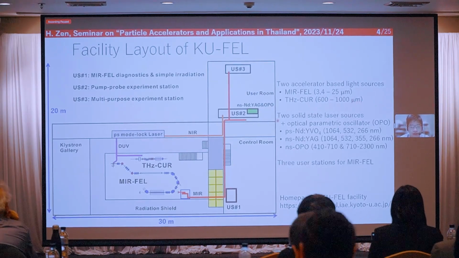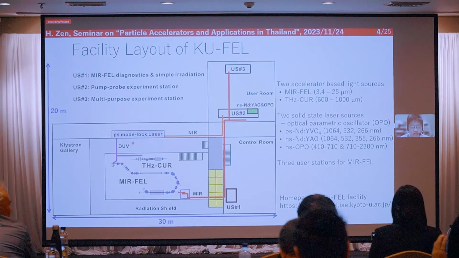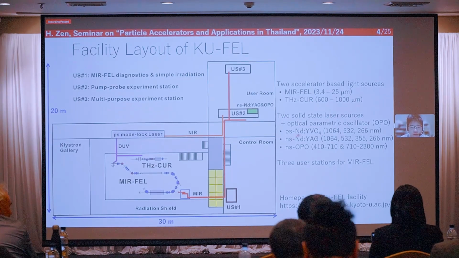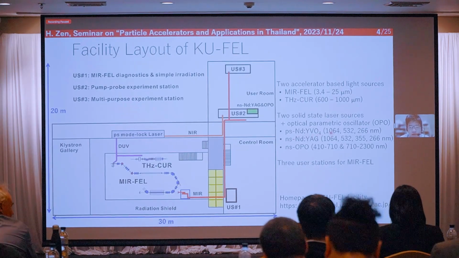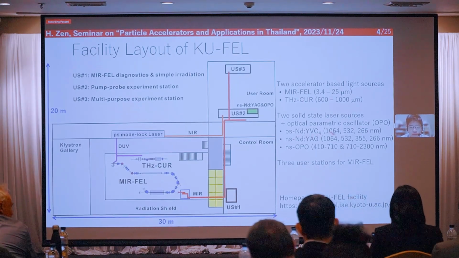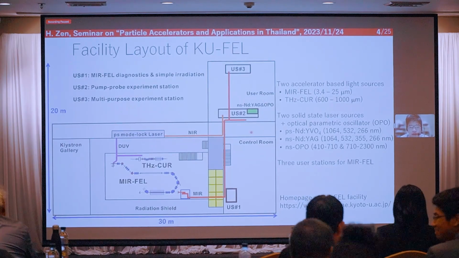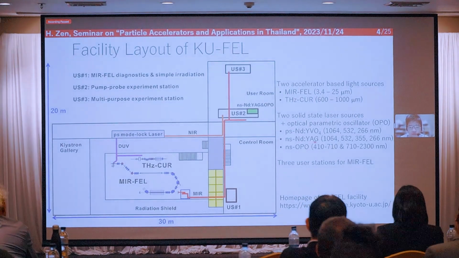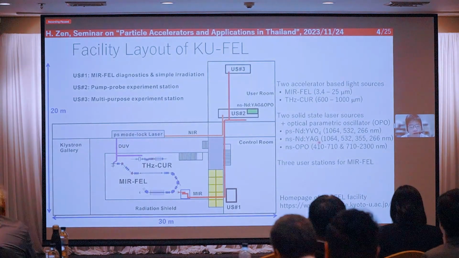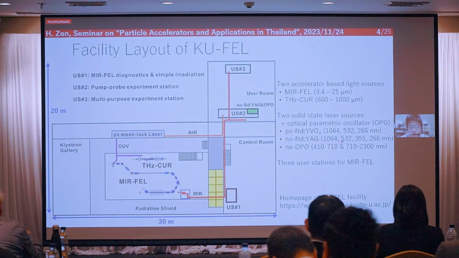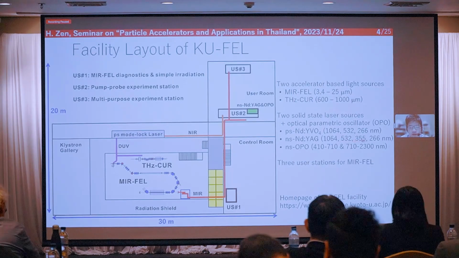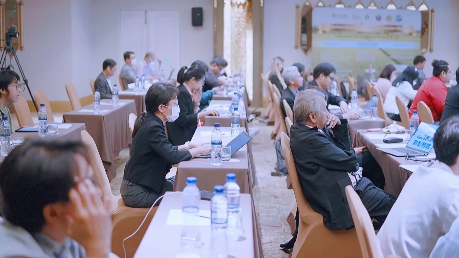And we have two solid-state laser sources. One is a picosecond mode-locked laser, neodymium vanadate, and the wavelengths are 1064, 532, and 266 nanometer. And another one is a nanosecond neodymium YAG laser, and it can serve the wavelengths of 1064, 532, 355, and 266 nanometer.